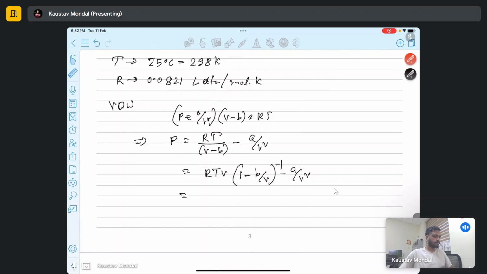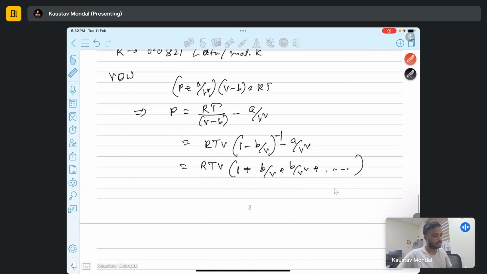Now if you just do the binomial expansion, this will give you RT by V into (1 plus B by V plus B square by V square plus ...), lot of terms are there, right?